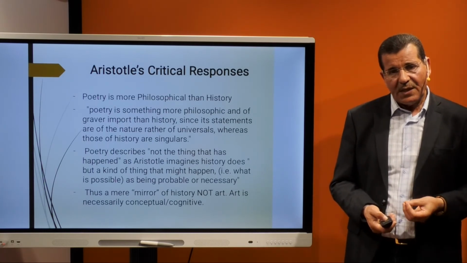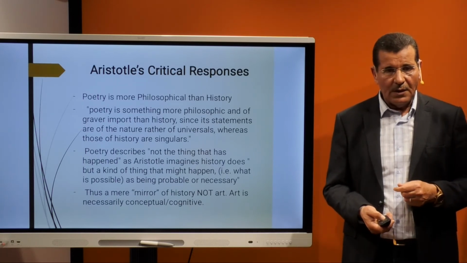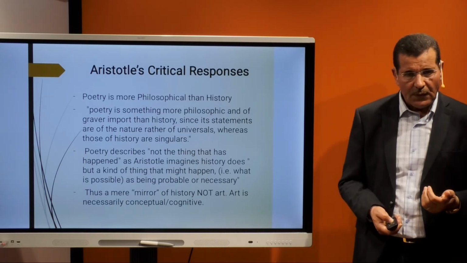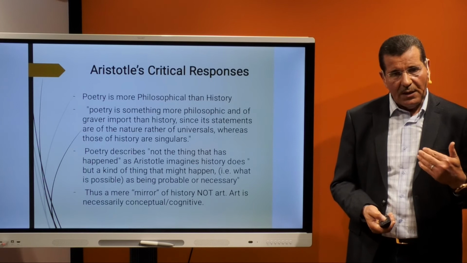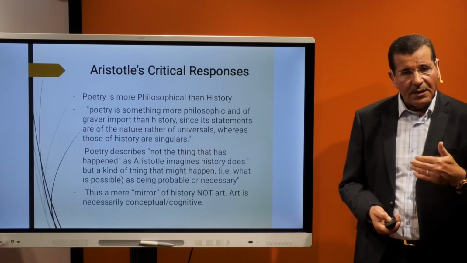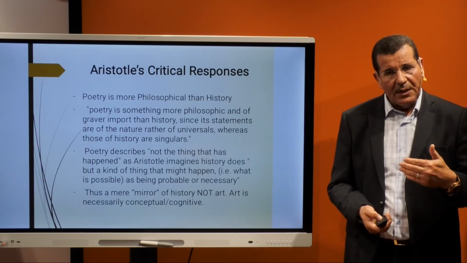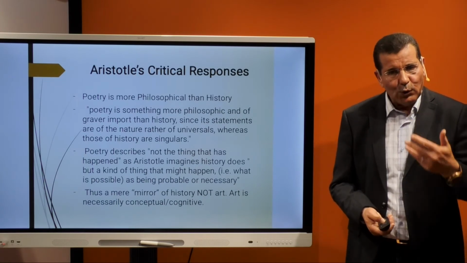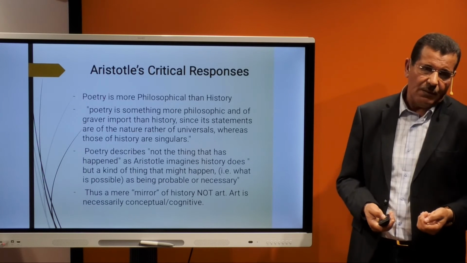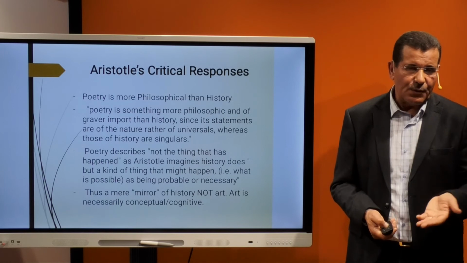And poetry describes not the thing that has happened, as Aristotle imagined history does, but things that might happen. Thus, it is a mirror of history, and art is necessarily conceptual and cognitive. That is to say, it tries to conceptualize what is there, starting from a historical moment into reflection on that moment and the ideas produced by this moment.